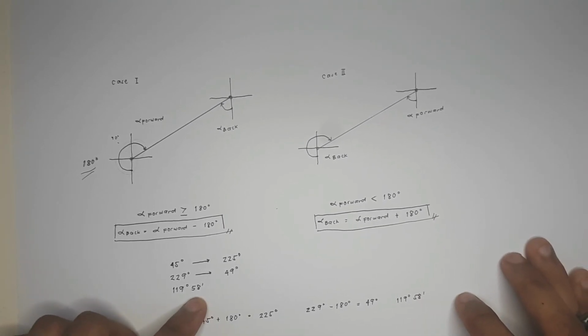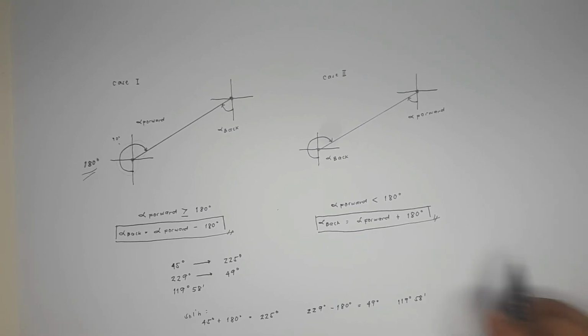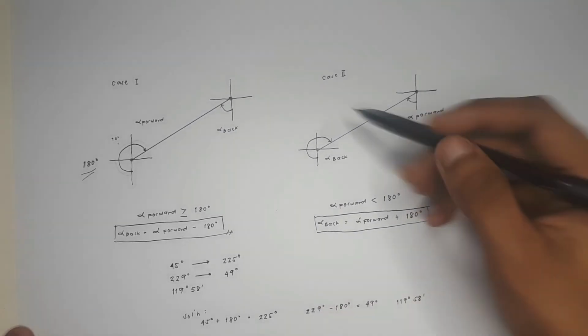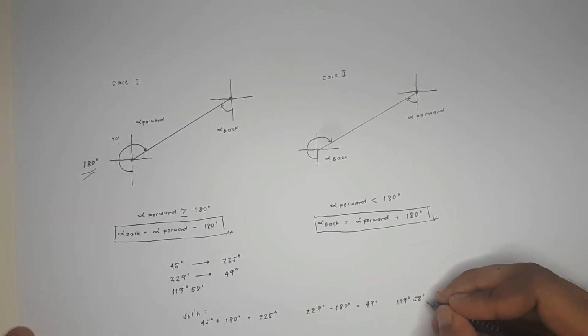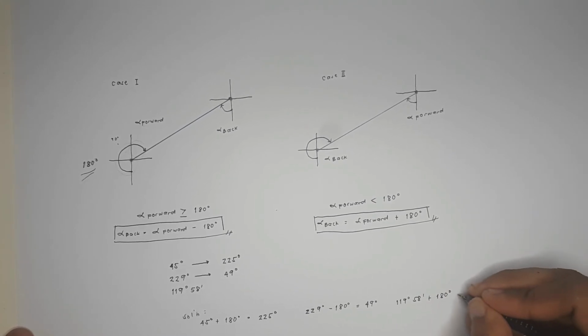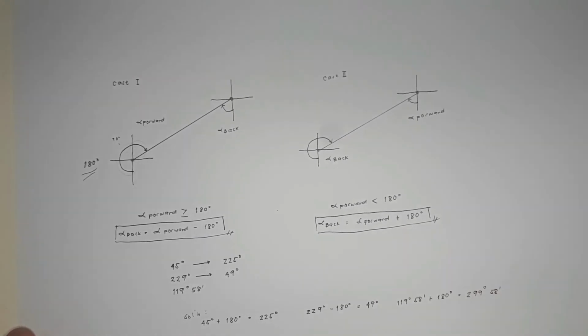Since this is less than 180 degrees, we will follow the formula for our case 2. So 119 degrees, 58 minutes plus 180 degrees will give us 299 degrees, 58 minutes.